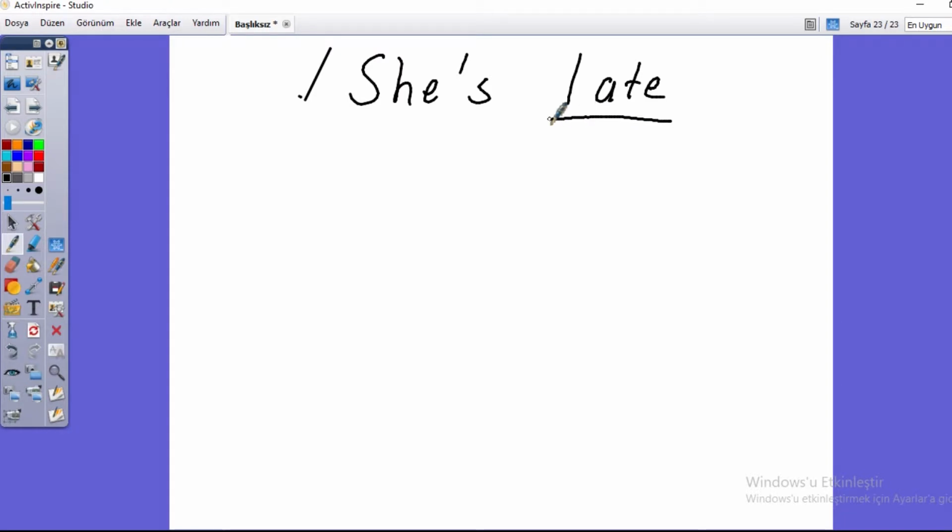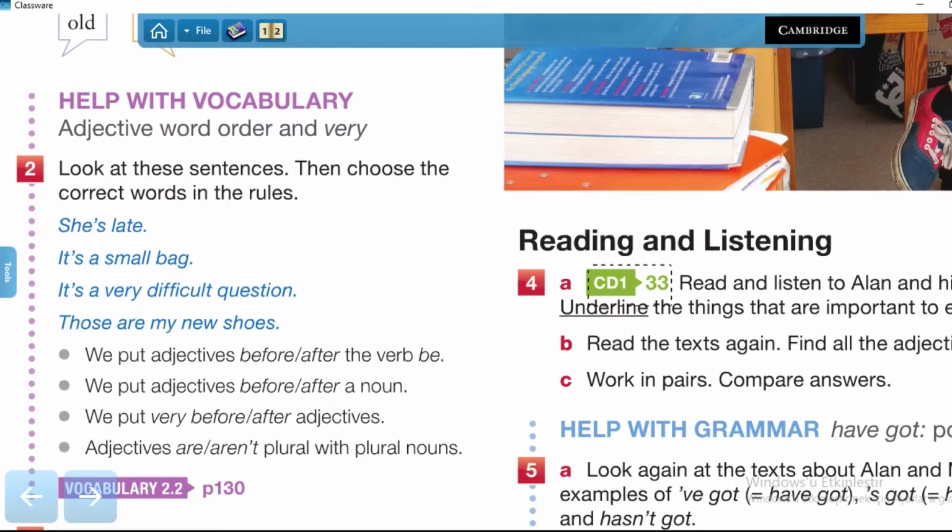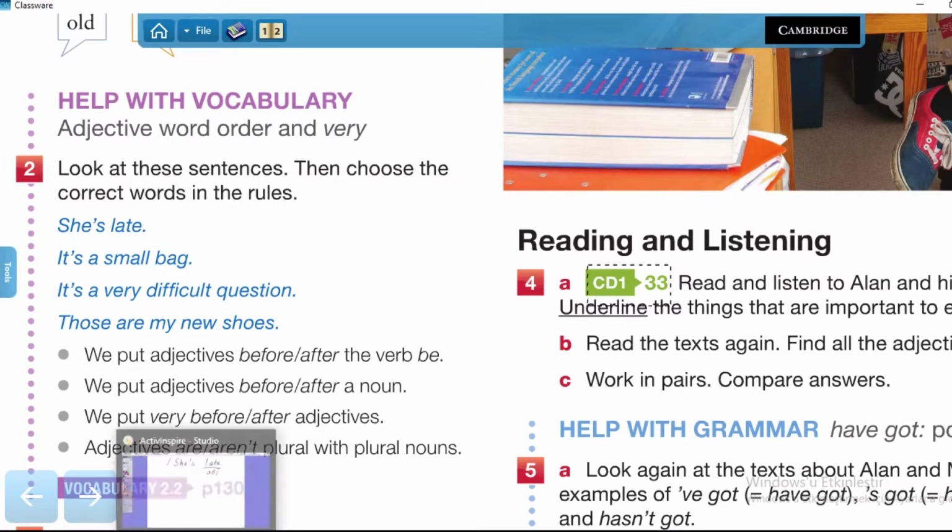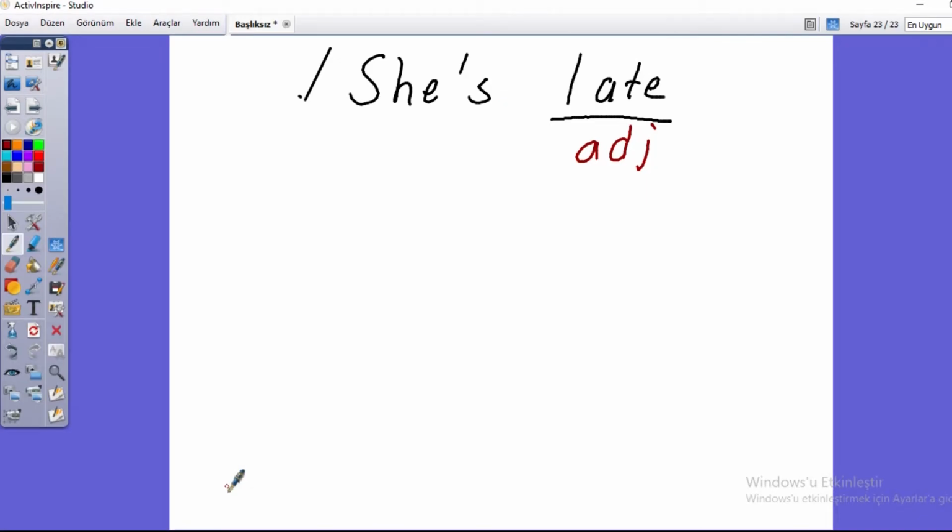Late is the adjective. And the rule says we put adjectives before or after the verb be. Of course, we put adjectives after the verb be. What is the verb be here? The verb be is "to be".